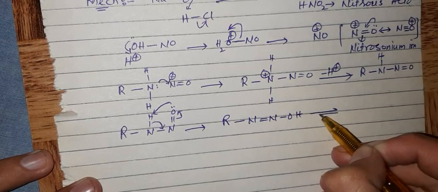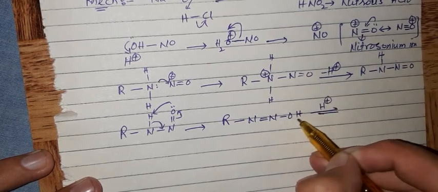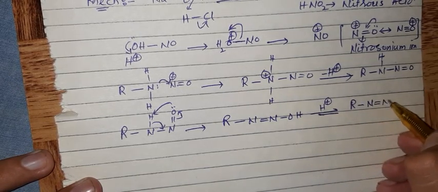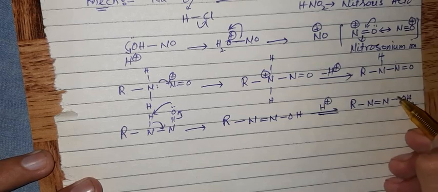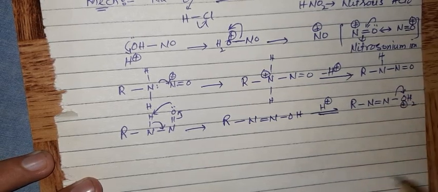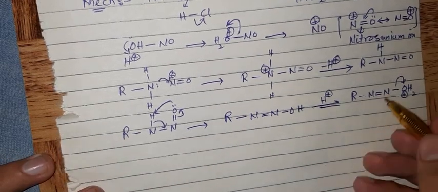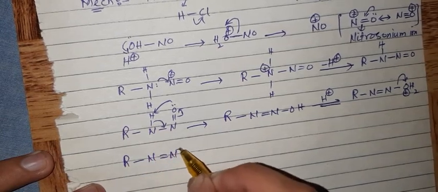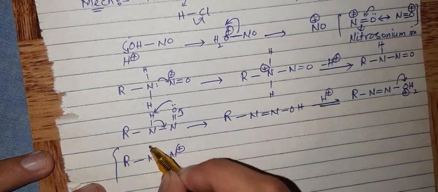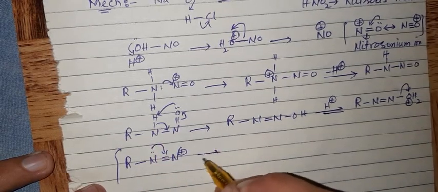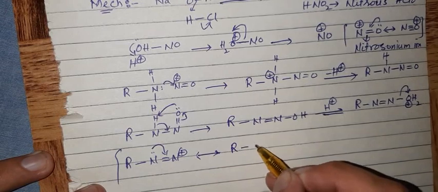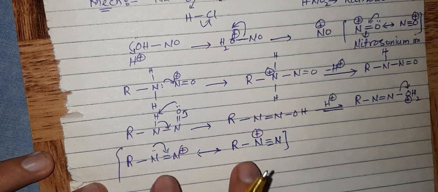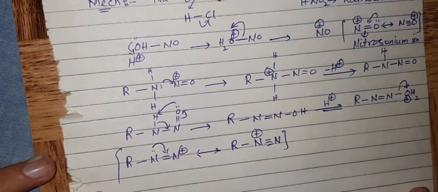In the presence of acid this oxygen part gets protonated, R-N double bond N-OH2, and this leaves as a stable water molecule, and we get R-N double bond N positively charged, and this could come here and resonate. We will get R-N triple bond N, with a positive charge here. Now this is called the alkyl diazonium cation.